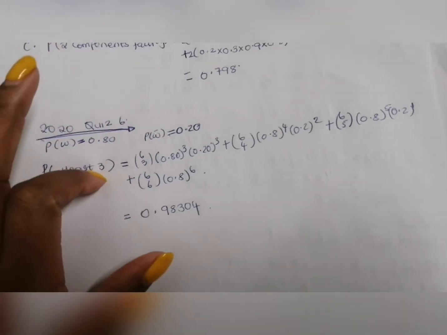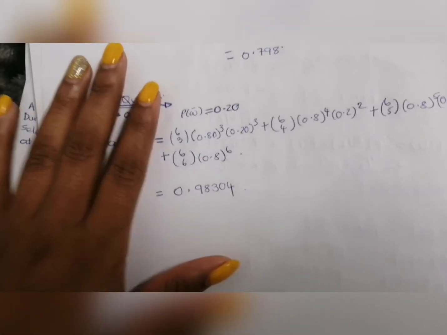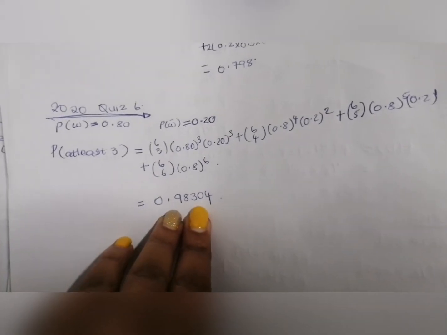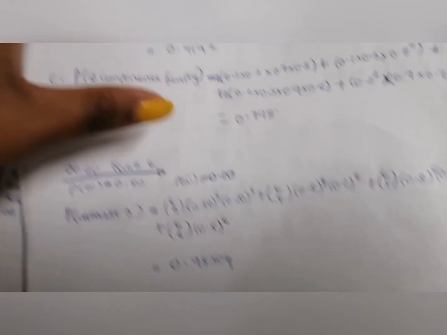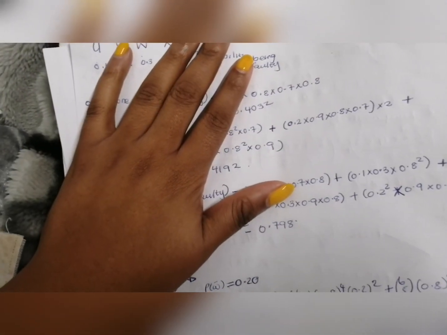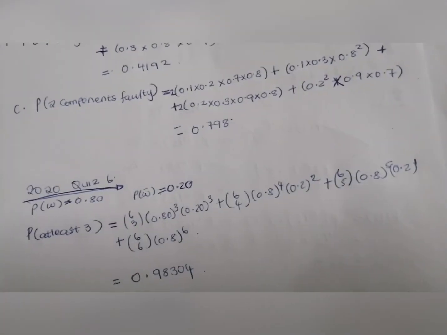So if the probability of the components is the same, just use the binomial theorem, just use it like this. And if the probabilities are not the same, this is the only method that I know.